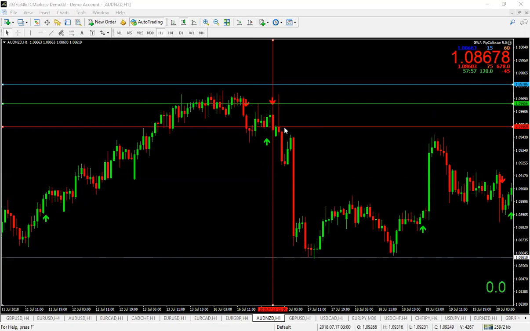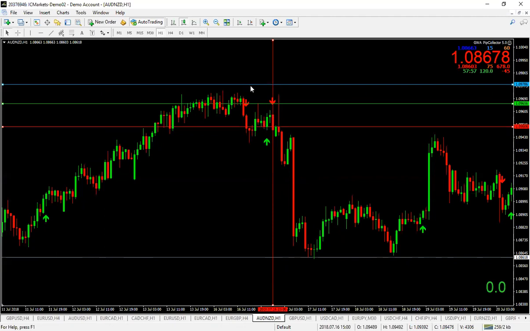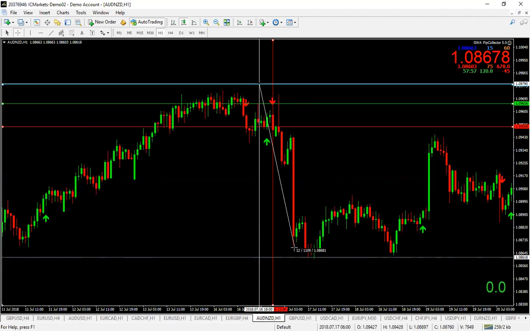Now, if you had entered where the trade was entered and you had a stop loss of 28, think about it: 28, 27 pips, even a 30 pip stop loss is not really that bad. This is 80 pips.